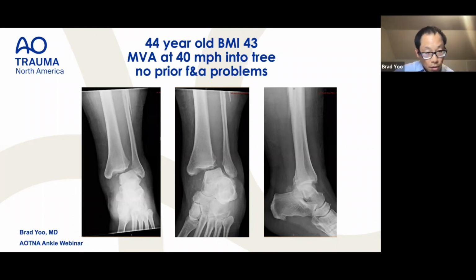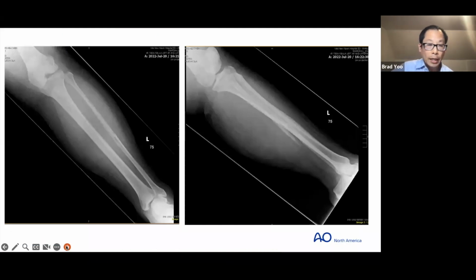And then these are her more comprehensive views of her lower extremity, demonstrating a wedge fracture involving the posterior shaft of the fibula.